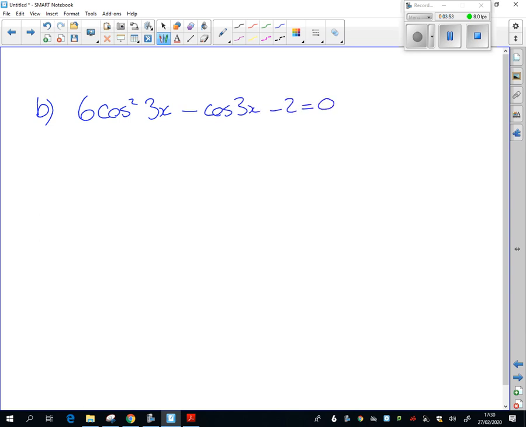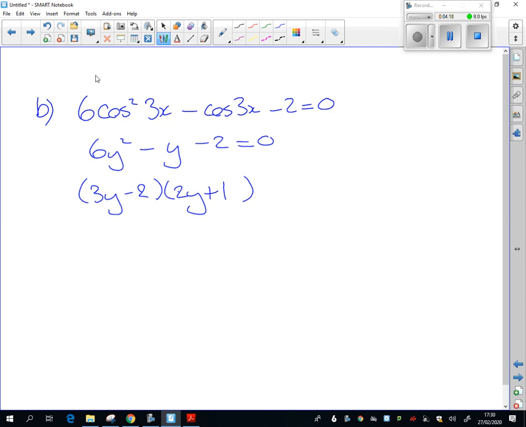So you might want to rewrite that just as a quadratic in terms of a different letter if you prefer. You can put it in your calculator to solve, you can just factorise it, entirely up to you, but it does factorise. What does it factorise to? So it's going to factorise to minus 2 there and plus 1 there.